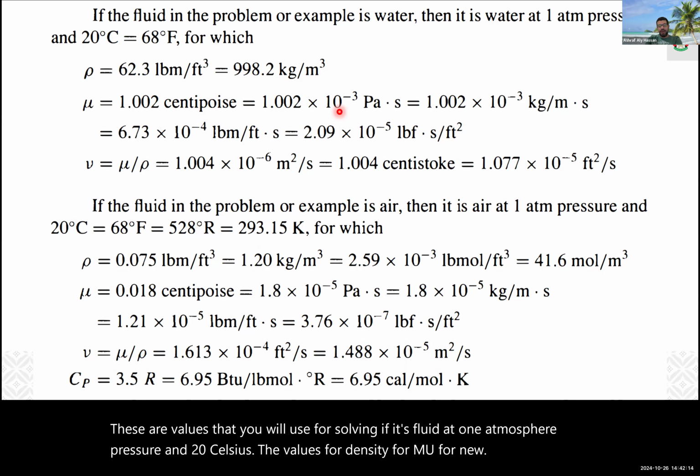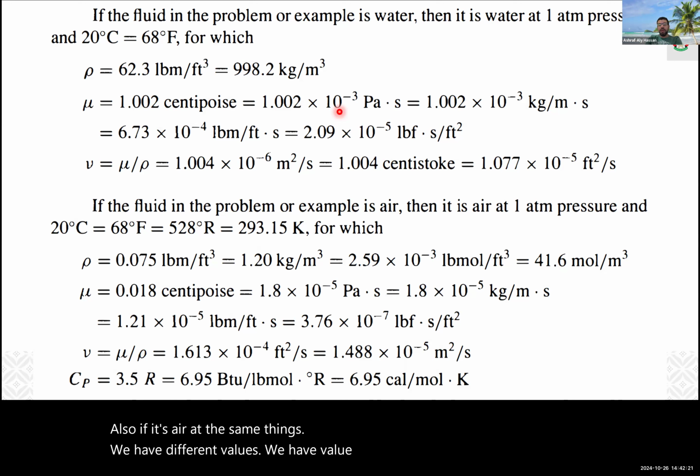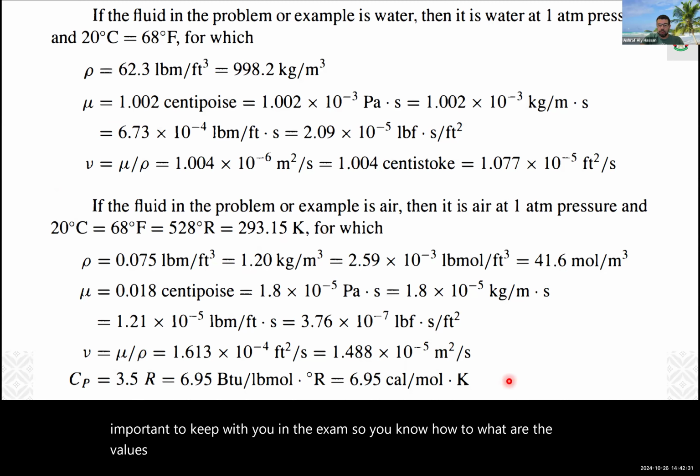Also, if it's air at the same conditions, we have different values. You have value for CP, value for R. So these are important to keep with you in the exam, so you know what the values are and how to assume them. So with this, we will start the next video with the wall collection devices in a minute.